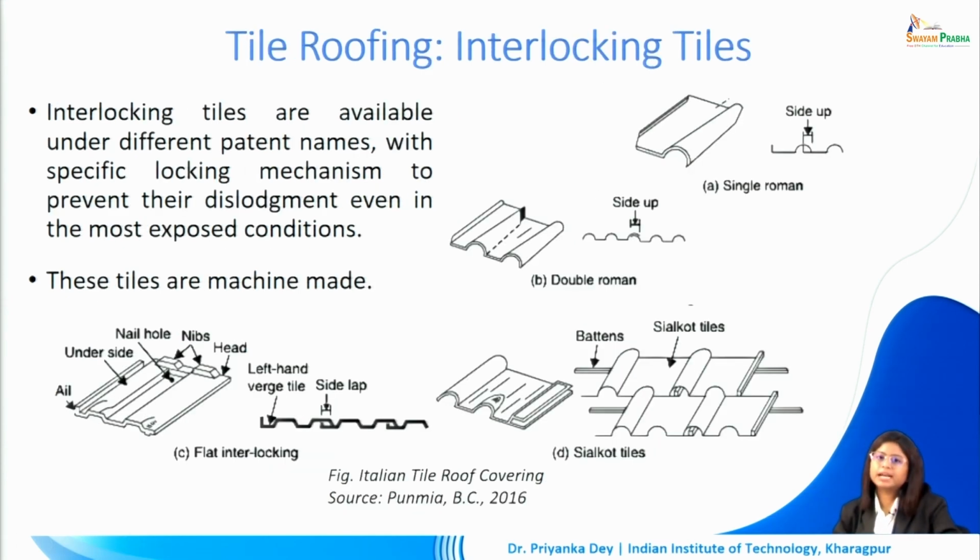The interlocking tiles are available under different patent names with specific locking mechanisms to prevent their dislodgement even under extreme weather conditions. So this may vary from place to place, but what would be common between all these types is that these tiles are generally machine made and they have a very specific frog created. You must have come across the term frog when you were dealing with masonry. So there is a certain joint which is created because they fit together in a certain pattern.